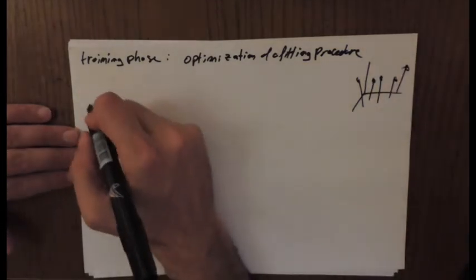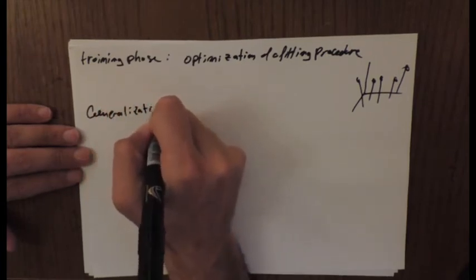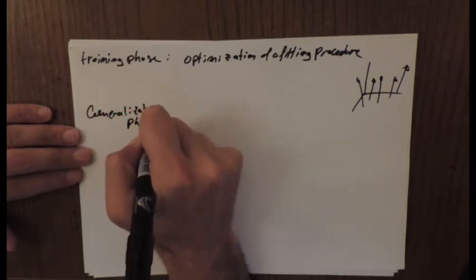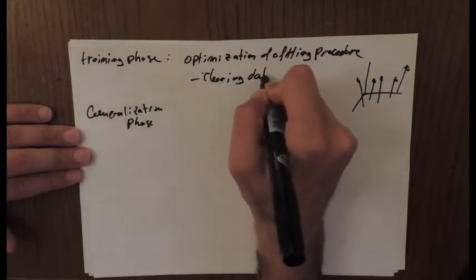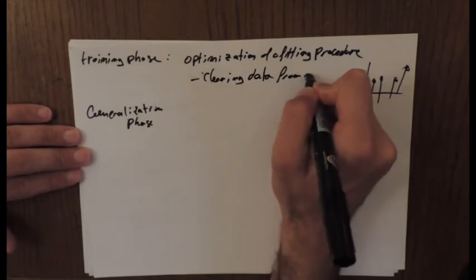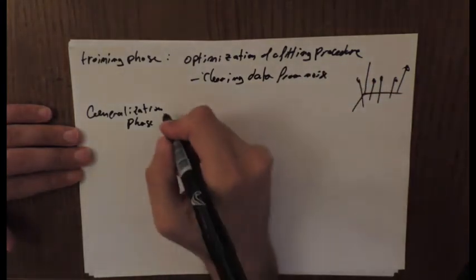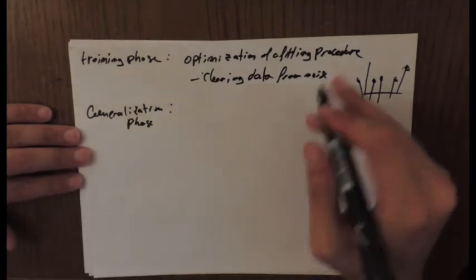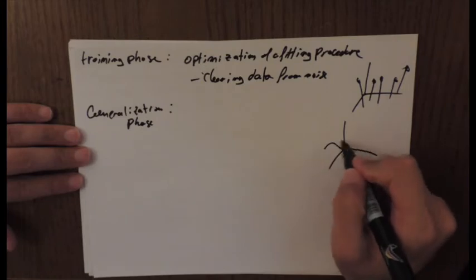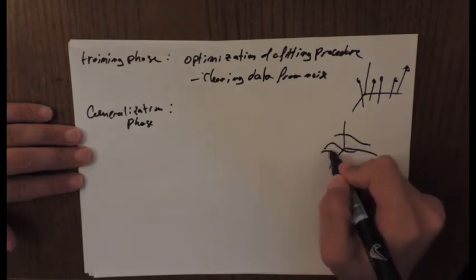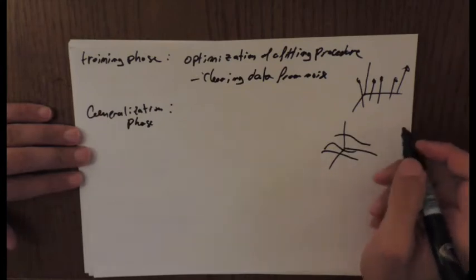In the generalization phase, so let's say cleaning data from noise. Okay, in the generalization phase, we fit the curve. So now we have in the 3D model a curve that is encompassing all these points in the 3D surface.